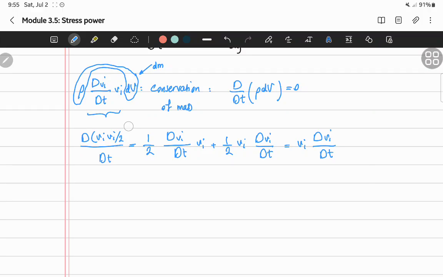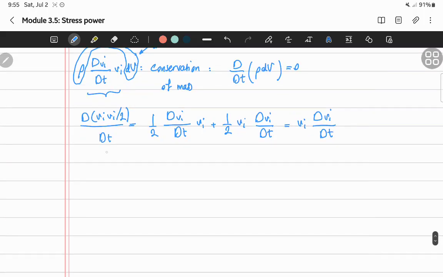You can also just ignore this 2 in here, then you put half in here, and since this is constant, you can take this inside, and then everything gets back to itself.